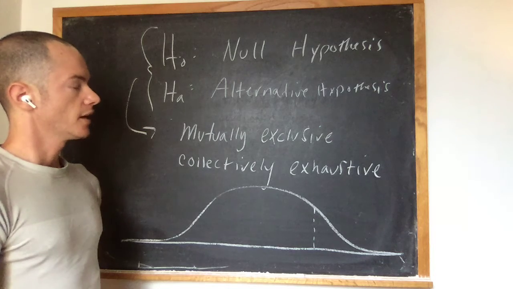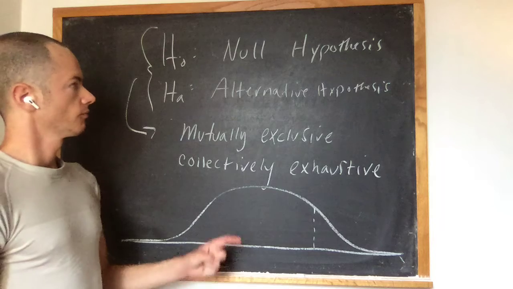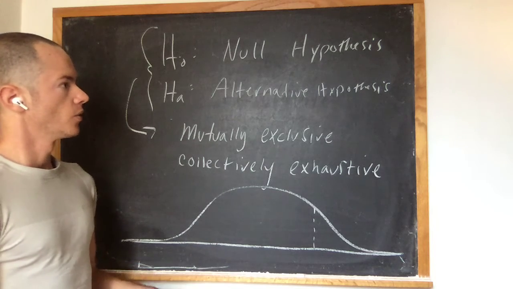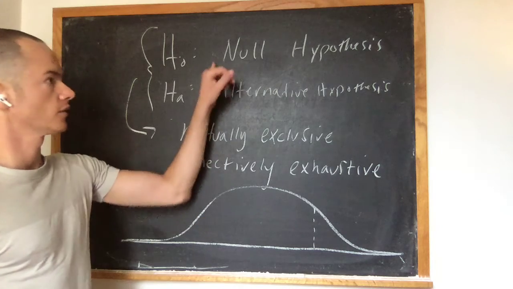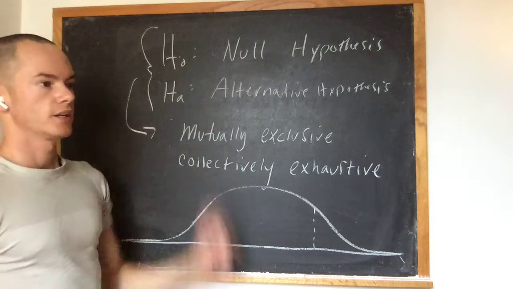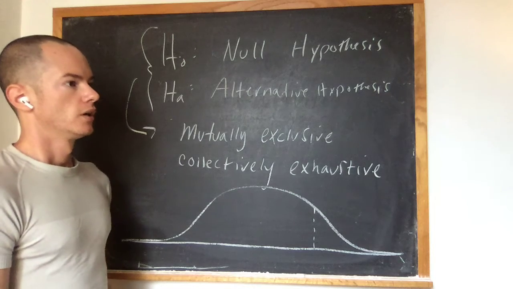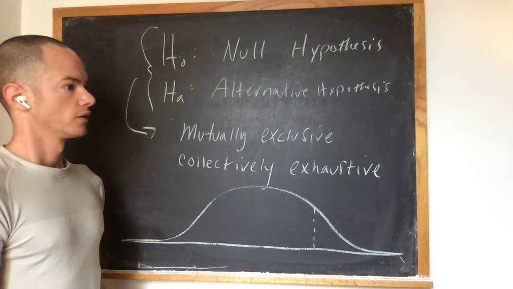The setup here is typically that we want to construct the null as being like the status quo. That's what we want to try to prove false.